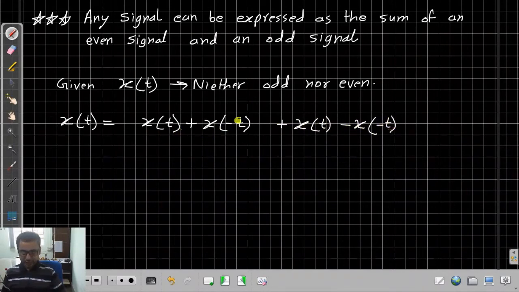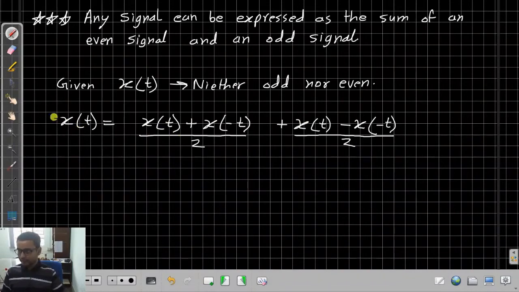So that this extra term cancels, but now I have x(t) twice, so let me divide everything by a factor of 2. Okay, you verify that the right hand side is the same as the left hand side, x(t).